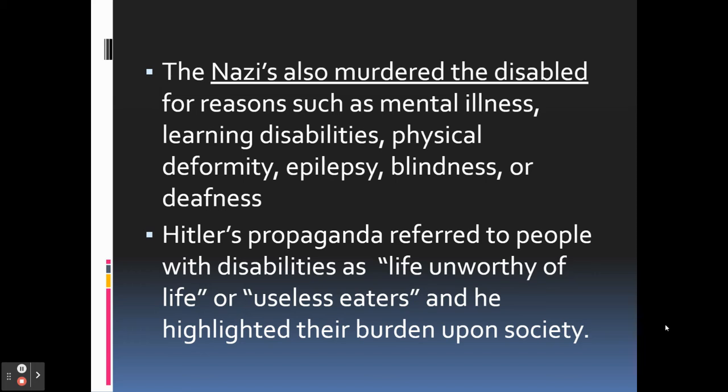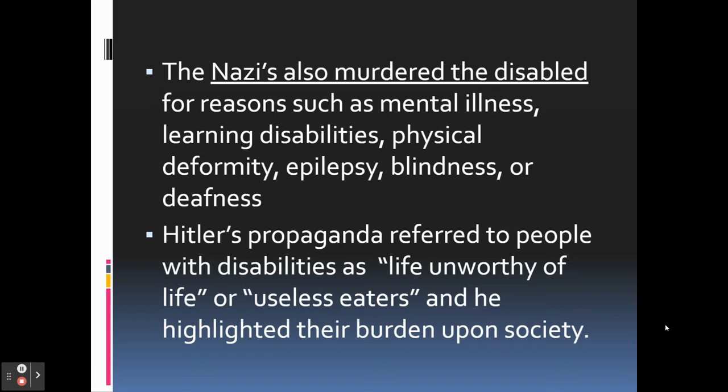So a person with any kind of mental illness or severe learning disability, something like Down syndrome perhaps, severe autism, things like that. Physical deformity, so anything that you were born with that physically was unusual. Epilepsy, so that's when people have seizures. Blindness or deafness, those people were exterminated.